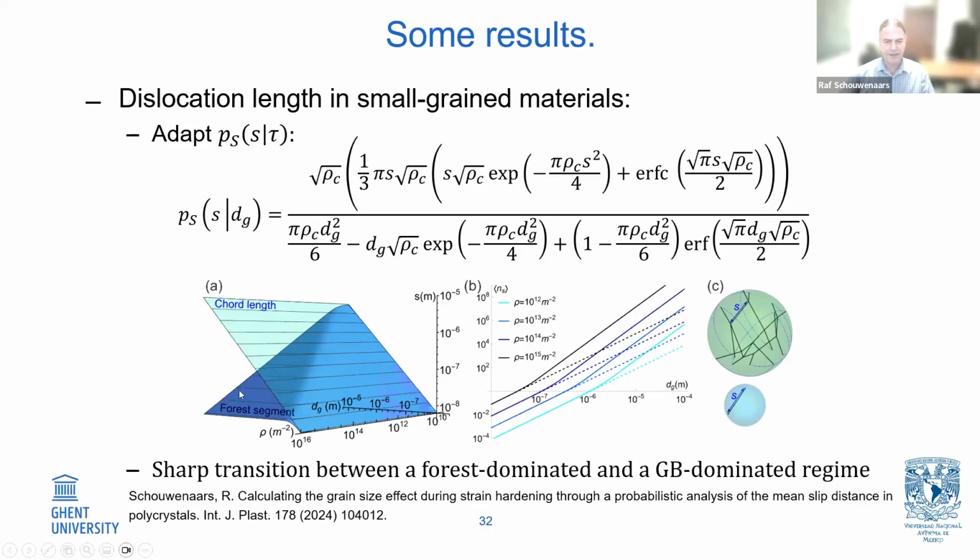So we see a transition between a forest dominated regime, where the segment length depends strongly on the dislocation density, and then a grain size defined part where the segment length only depends on the grain size. So at a certain point, the size of the grain will simply be too small to contain more than a single dislocation. And that's something to be aware of.